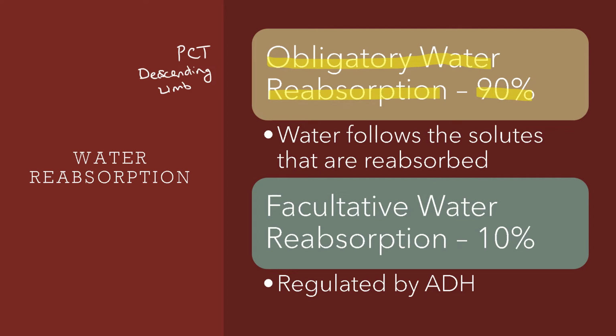And this is because these segments of the nephron are always permeable to water. So the proximal convoluted tubule and the descending limb of the loop of Henle are always going to be permeable to water. Now, reabsorption of the final 10% of the water is termed facultative water reabsorption.